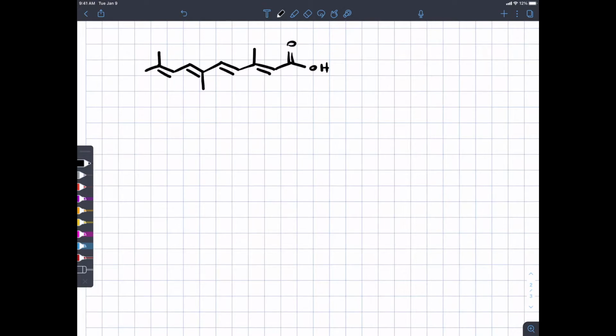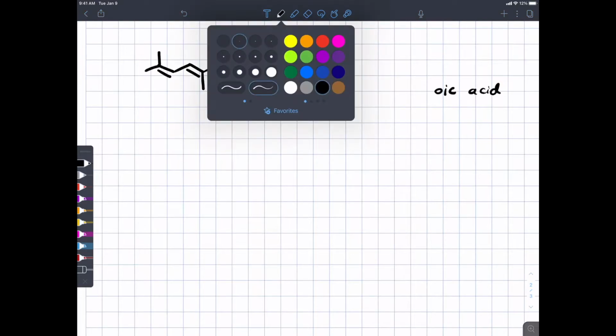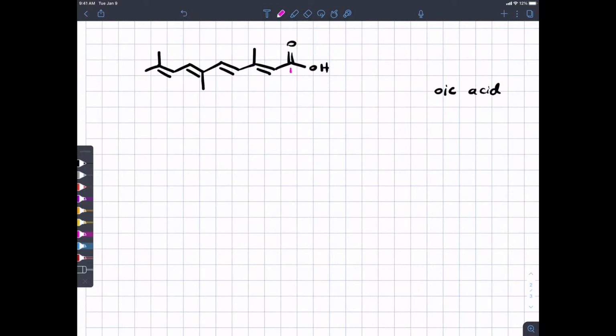Okay, so highest priority functional group is what? Carboxylic acid, so this is going to be an oic acid. Our root is going to need to account for all of the carbons in the longest chain that contains the carboxylic acid. I'm counting 10.